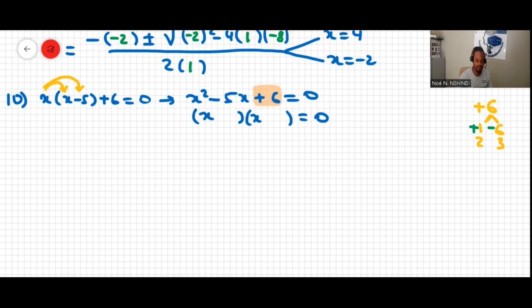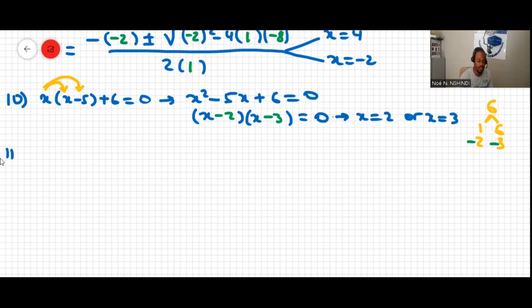So it cannot be 1 and 6, but it can be negative 2 and negative 3, because negative 2 minus 3 makes negative 5, and negative 2 times negative 3 makes positive 6. So I'm placing here negative 2 and negative 3 there. Then this means x is 2 or x is 3.